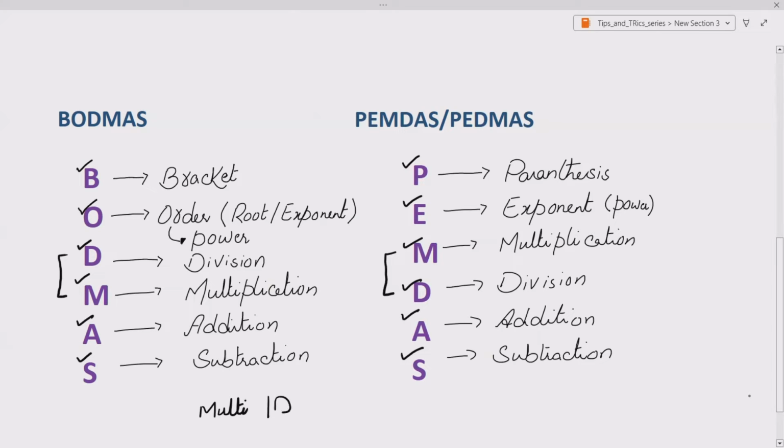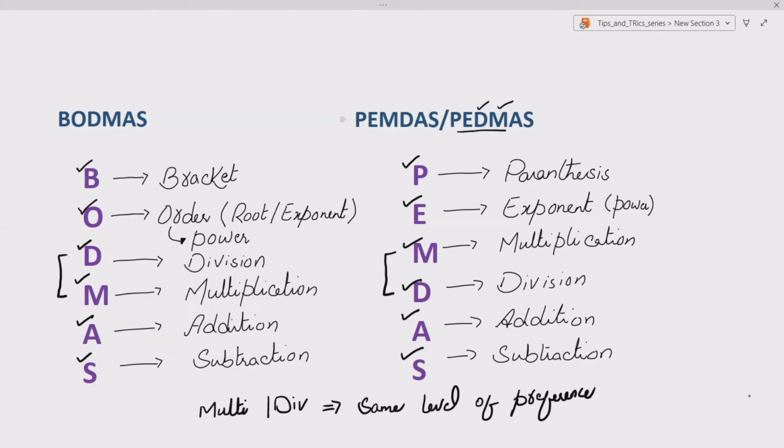Multiplication and division both have the exact same level of precedence. So you can solve either one of them first, whichever you like. That's why PEMDAS is also written as PEDMAS, in which division comes first and multiplication afterward. So PEMDAS, PEDMAS and BODMAS are all the same thing.